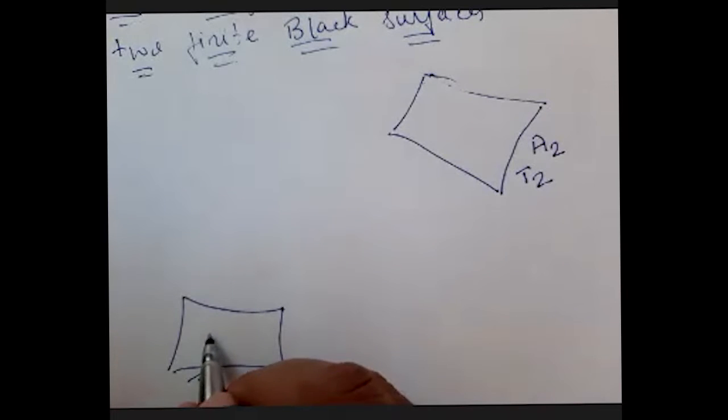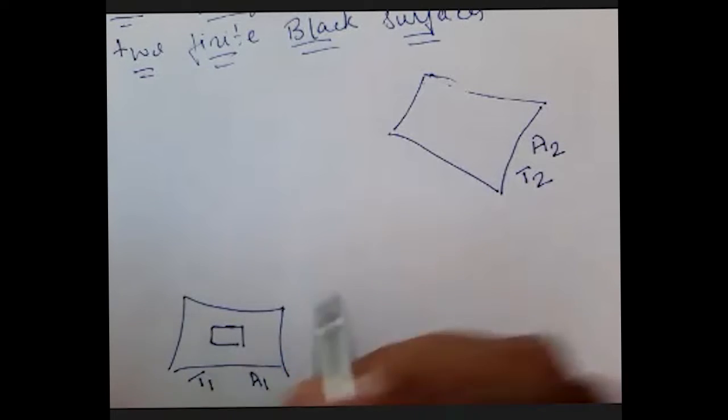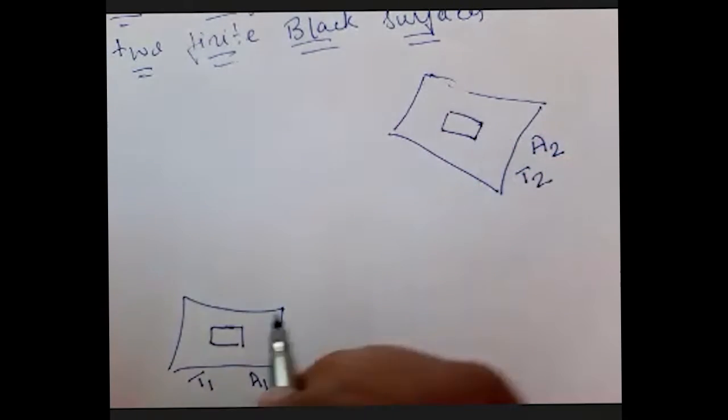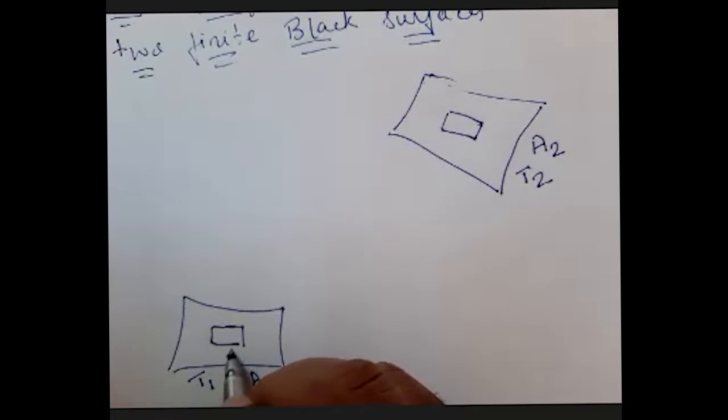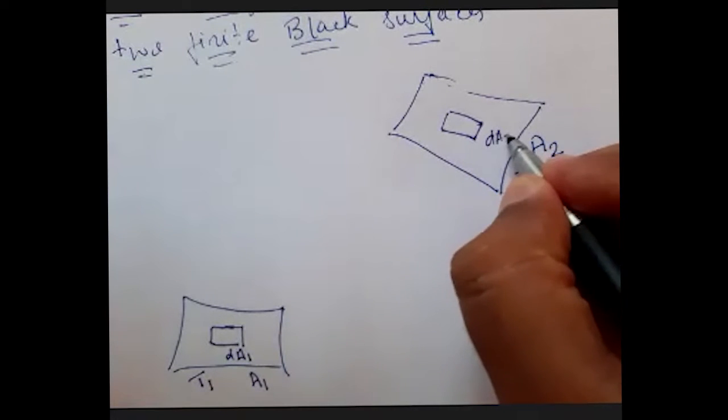In the previous class, we had taken a small elemental area in this surface and a small elemental area in this surface, which we named dA1 and dA2.